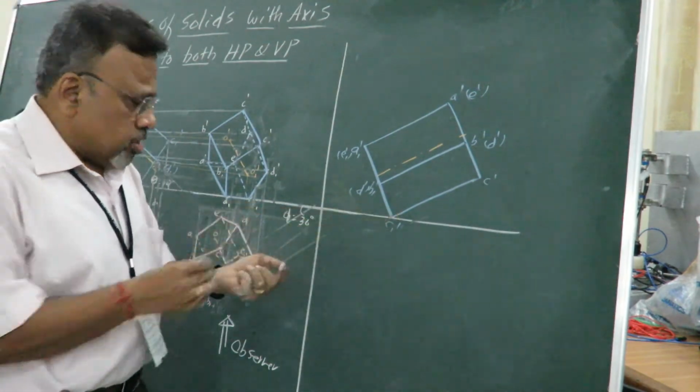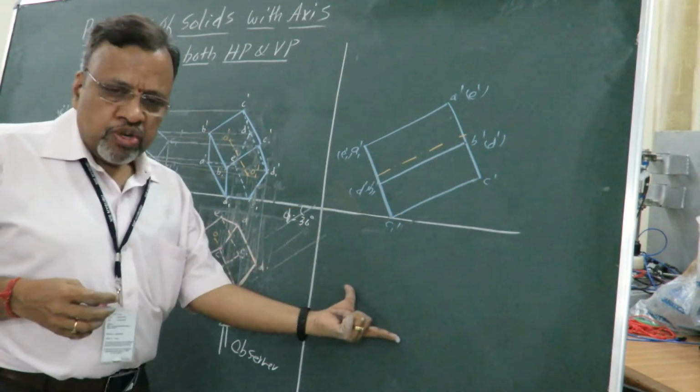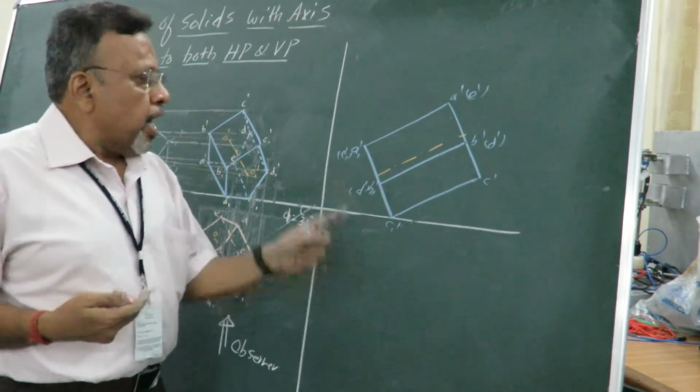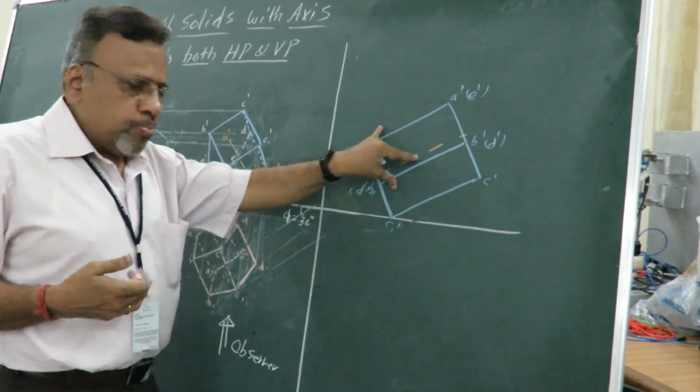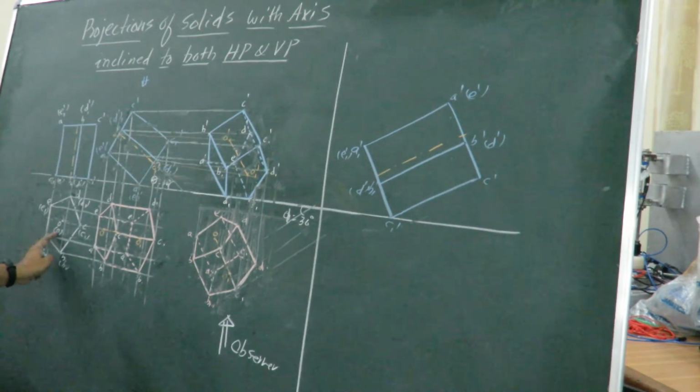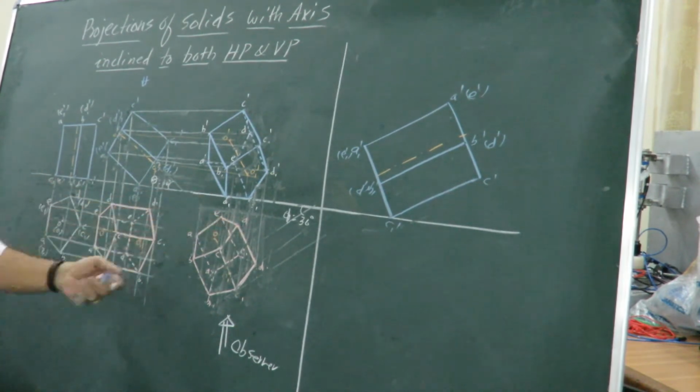Now for this particular figure, I need to get the new top view. So what is the procedure? As I said, I need to draw the projectors from this new front view and draw the projectors from the previous top view, because I would have drawn that figure there. Is it okay?